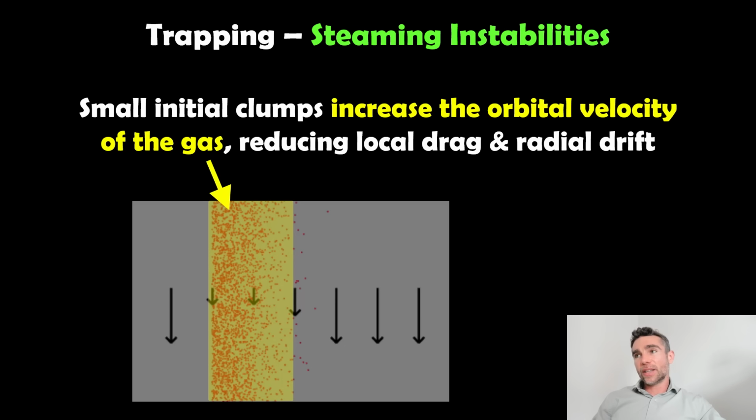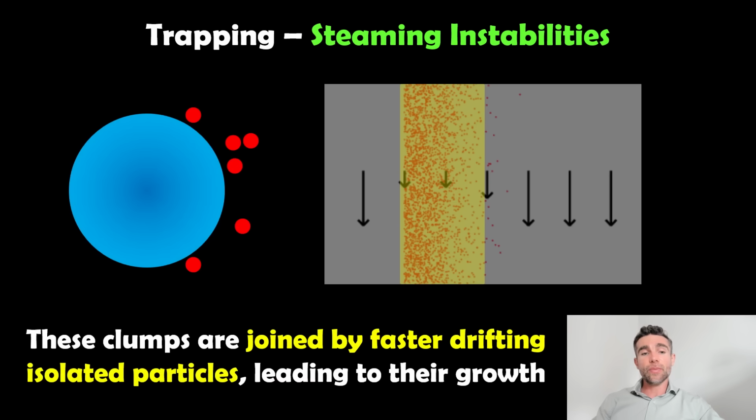So what we have here is small initial clumps, and what they would do is increase the orbital velocity of the gas ever so slightly, and this reduces the local drag in the area where those particles are. It reduces the radial drift, and then you get an area essentially where you're able to overcome the barrier again because you've got less drag, less drift, and this is known as streaming instabilities.